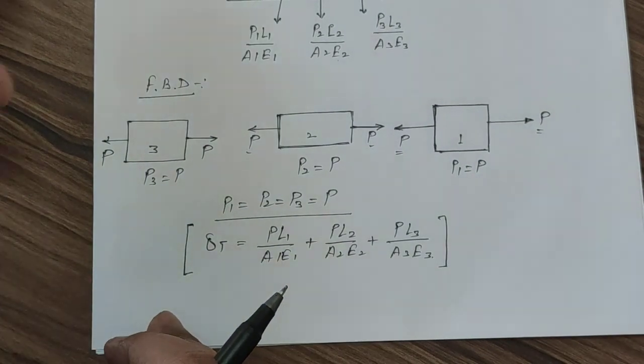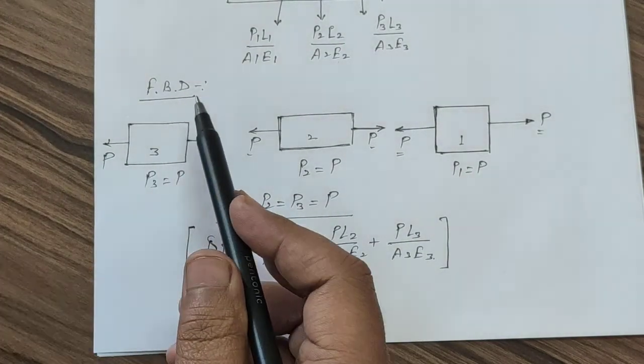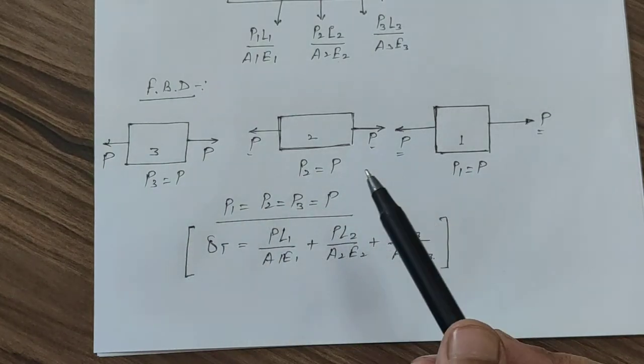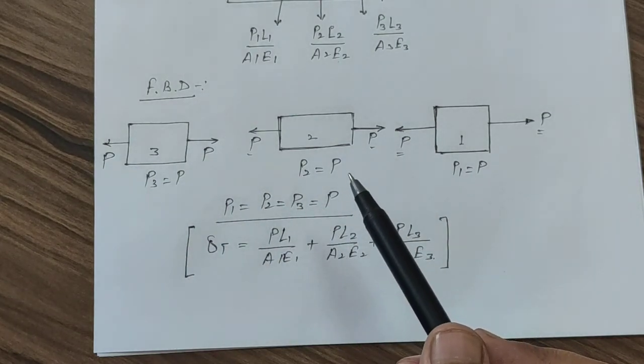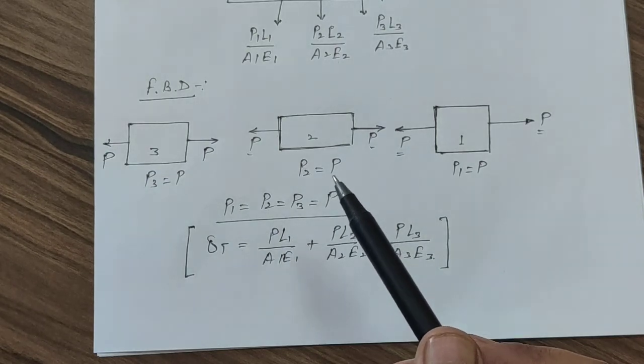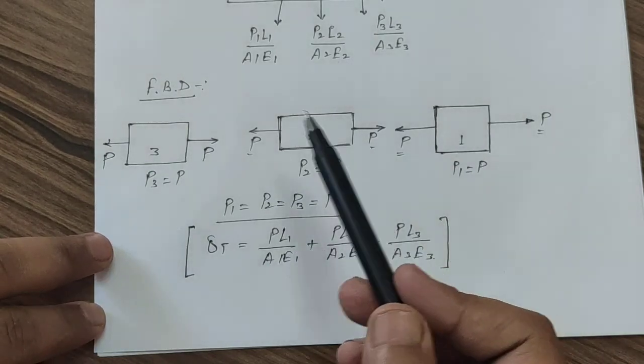Okay. So the first method is the free body diagram. With its help we will draw the free body diagram of each and every component, and calculate the value of load acting on each member P1, P2, P3.